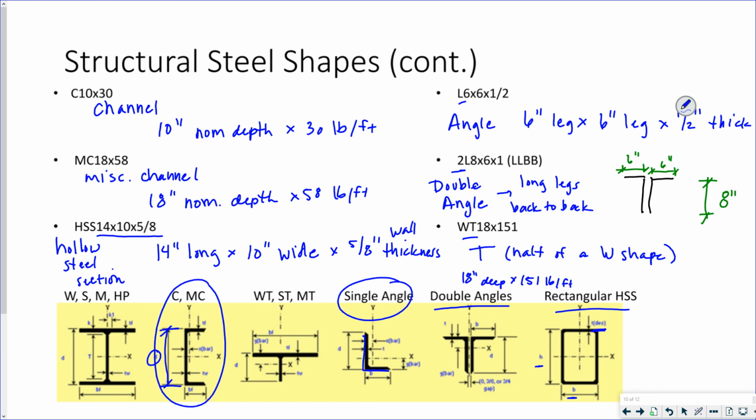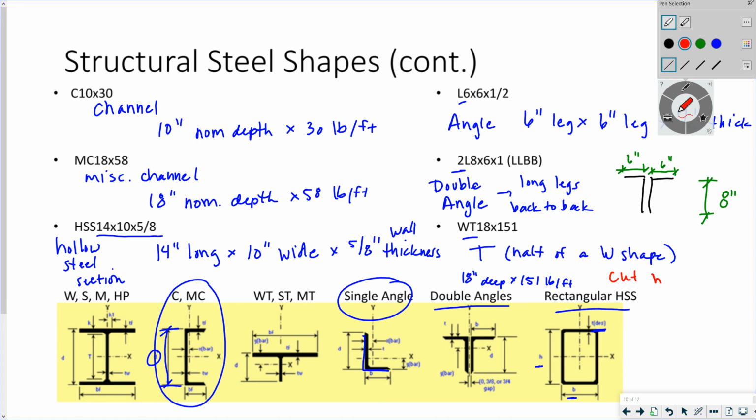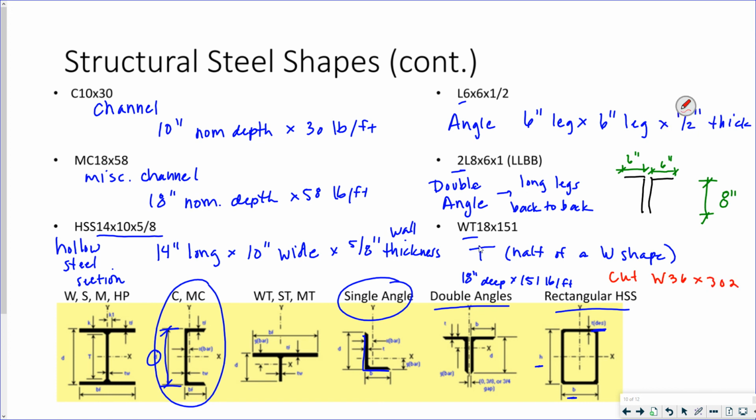That means what I did was I cut a W36, 18 times 2, by 302, 151 times 2, in half through the stem. So it is literally the same thing, just cut in half. So you cut everything in half.